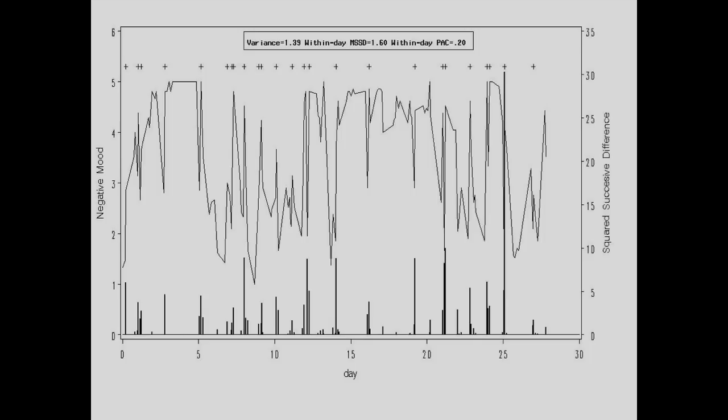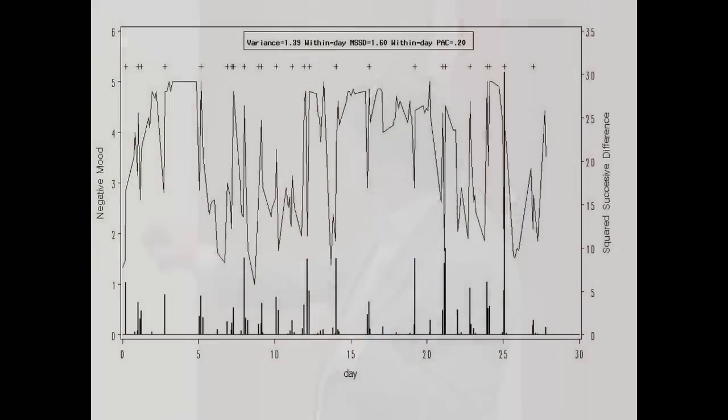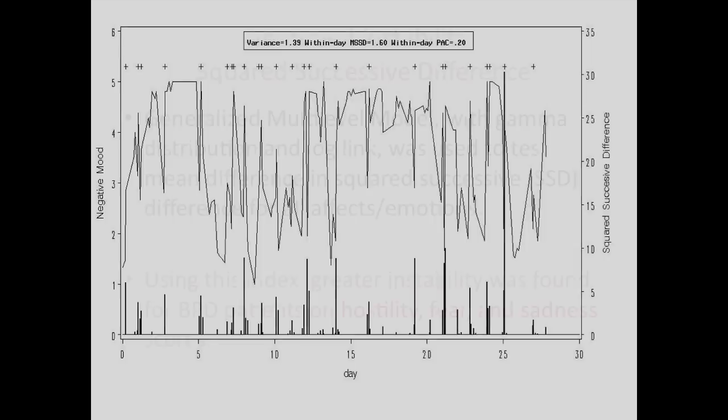Specifically, and I apologize, it's very small, these pluses indicate acute change. From one moment to the next, if the amount that your mood score changed was in the upper 90th percentile of all the changes of all the subjects, then that counted as a big change. You can see for this subject, there are a lot of big changes. In fact, 20% of the time, from moment to moment, there was a big change. That's a lot, like one fifth of the time, big change in affect.